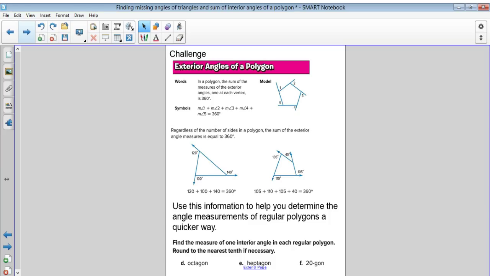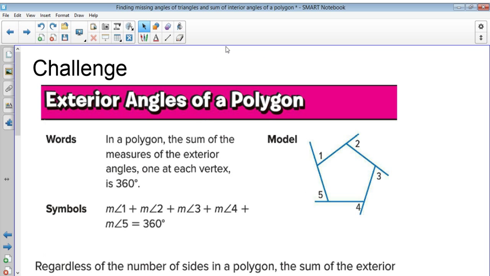And then here is a little challenge for you. I'm going to put a website after this one that you can review that goes into this a little bit more. But we know the exterior angles of a polygon. An exterior angle of a polygon is just 1, 2, 3, 4, and 5.